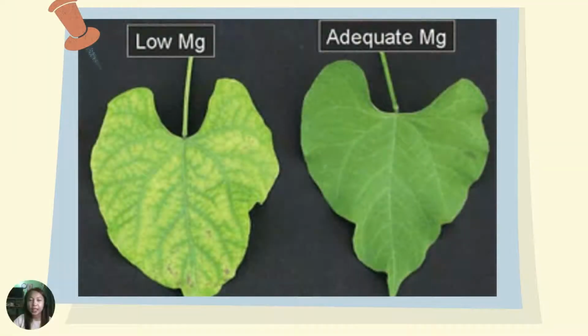So we cannot exactly determine whether the plant or the leaf has a small or a greater amount of magnesium in it. For color verification, if it is somewhat yellowish in color, most likely it has low magnesium content. And the perfect green color, in the other picture, shows an adequate amount of magnesium.